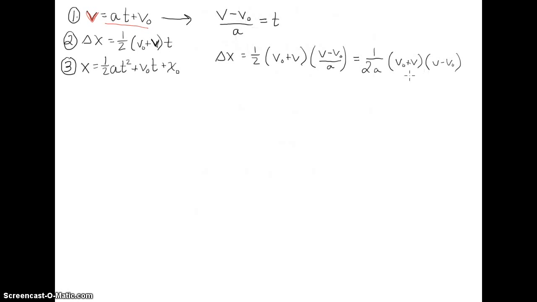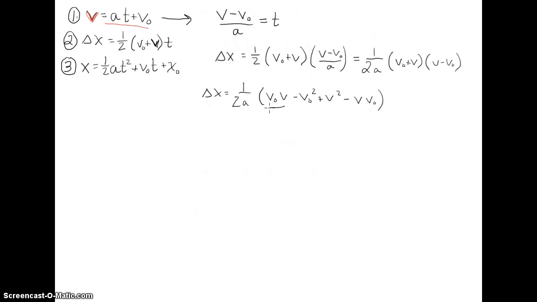So now we gotta FOIL this out. So I have delta x equals 1/2a. And if I FOIL this, I'm gonna get v naught times v minus v naught squared plus v squared, and then minus v times v naught.